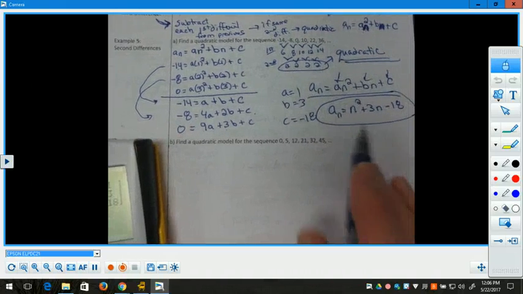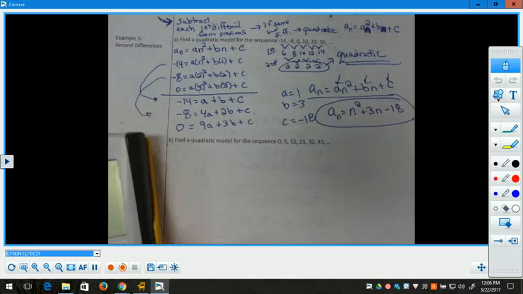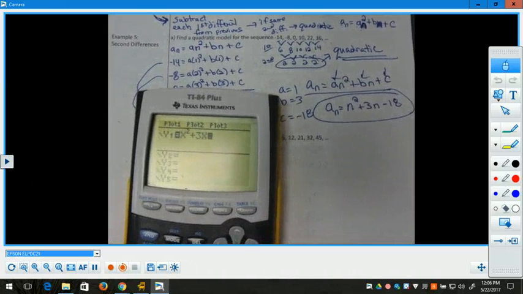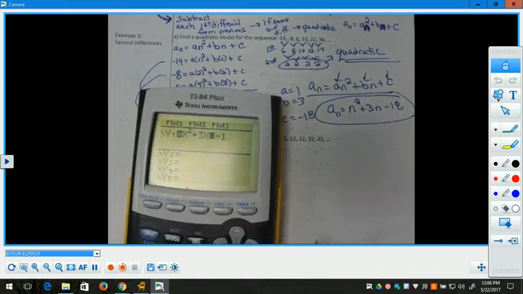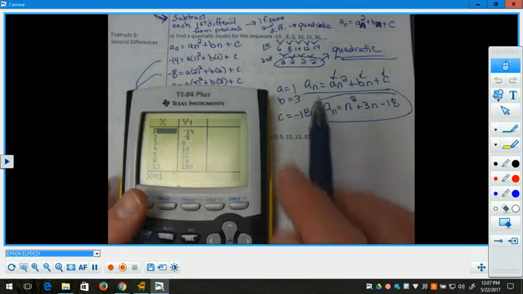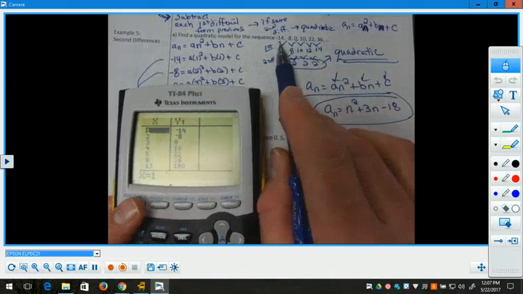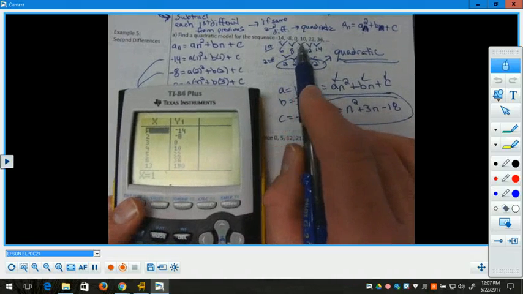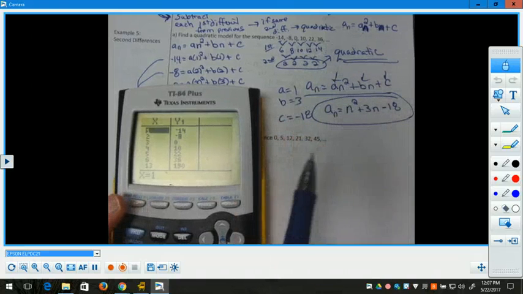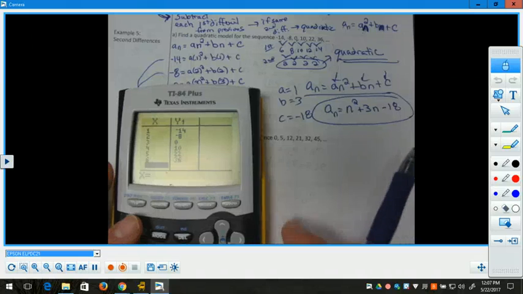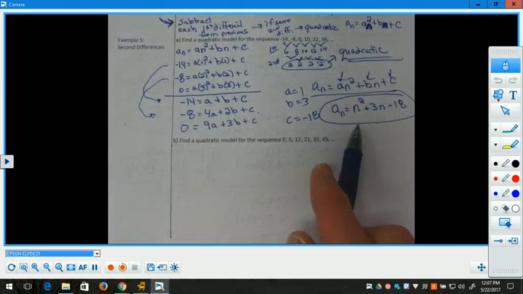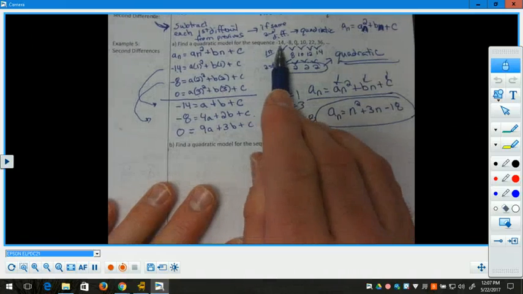If I put y equals x squared plus 3x minus 18 in my calculator and go to my table, I should see this exact sequence, negative 14, negative 8, 0, 10, 22, 36, if I have 1 through 6 entered in there. And I do, so I know that I have the correct explicit rule because for each position, 1 through 6, I had these terms.